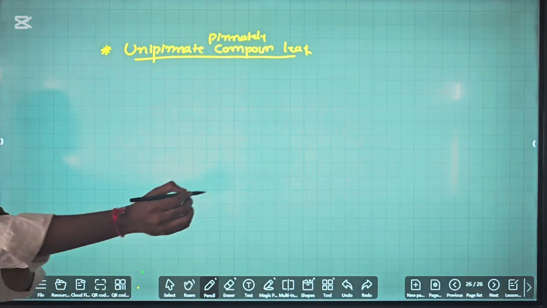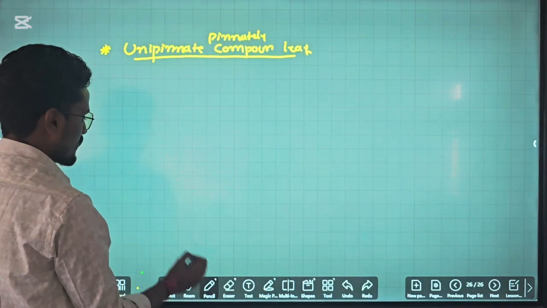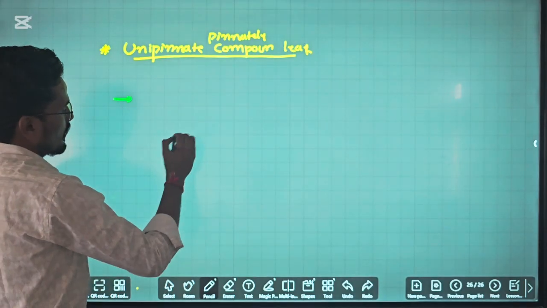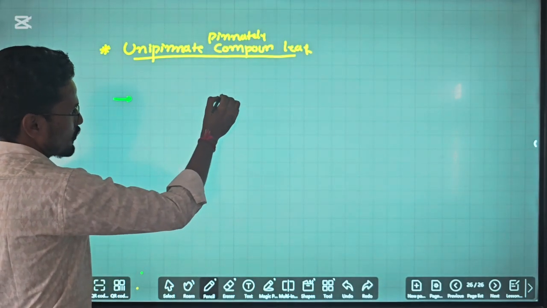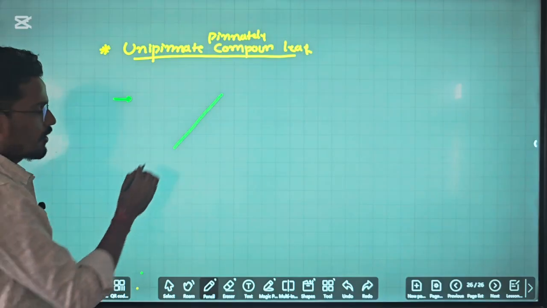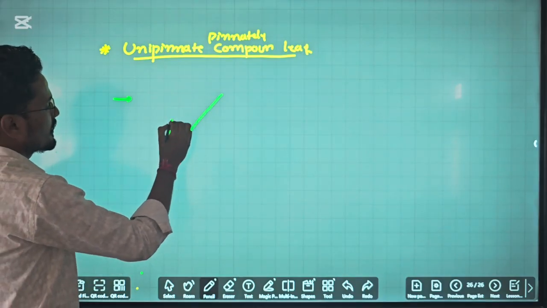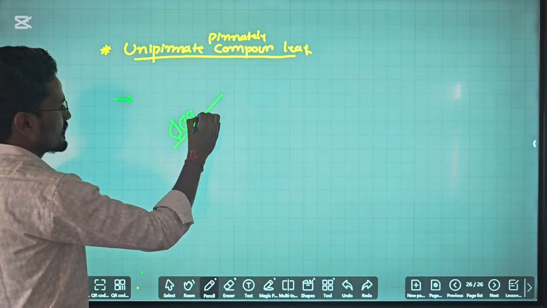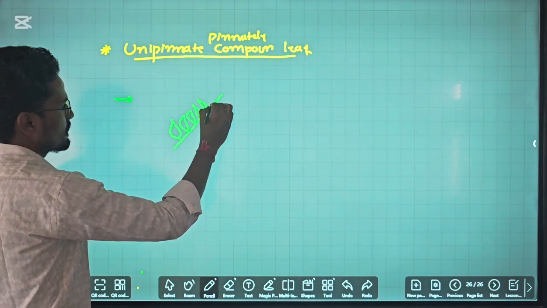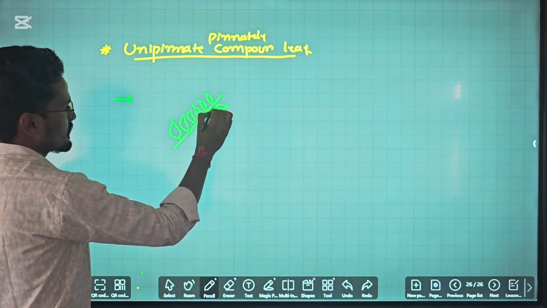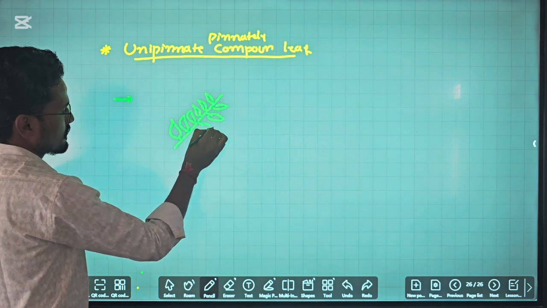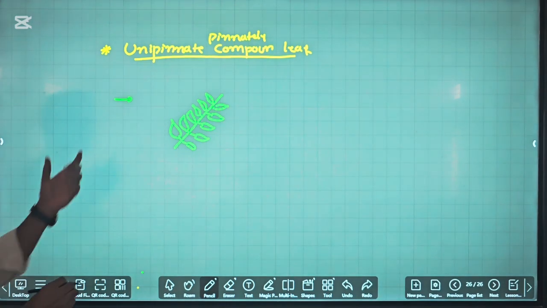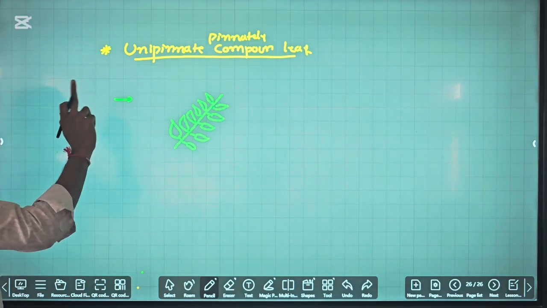In a unipinnate compound leaf, the leaf midrib is converted into a rachis. On this rachis the leaflets arise. This is how the leaflets arise. So this type of leaf is called a unipinnate.